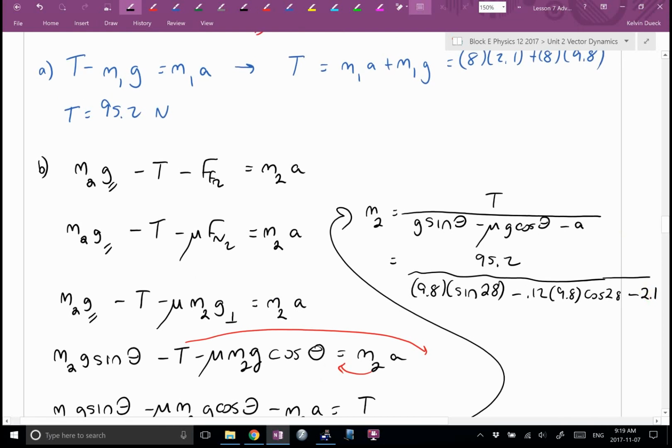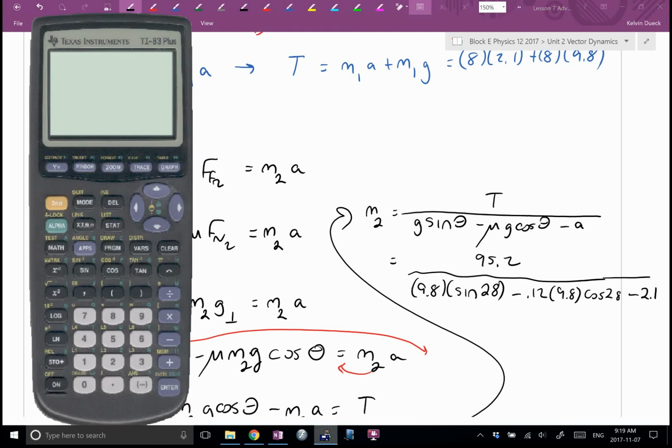Whew! Do you see what I meant when I said, Josh, I don't know if these equations are harder as much as they're longer. I got to be more careful. There's way more room to make mistakes. But I don't think I've taught you anything new today. (9.8) sine 28 minus 0.12 times 9.8 cos 28. Hang on, Mr. Duke.